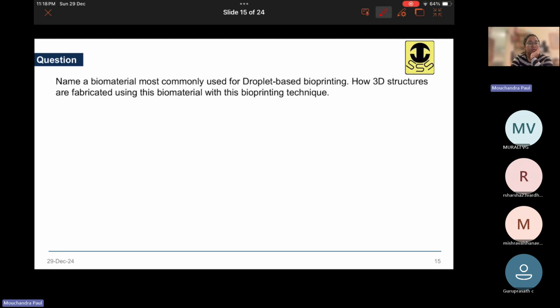Now, can you name a biomaterial which is most commonly used for droplet-based bioprinting? And also explain how you can make a 3D structure using droplets with this biomaterial?